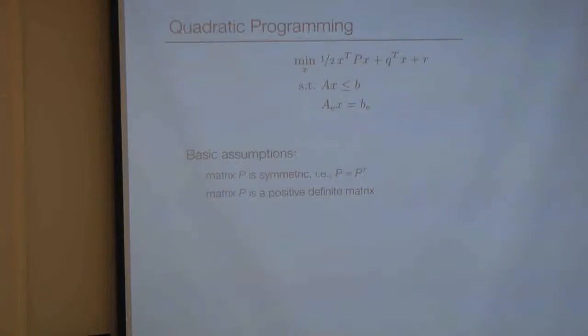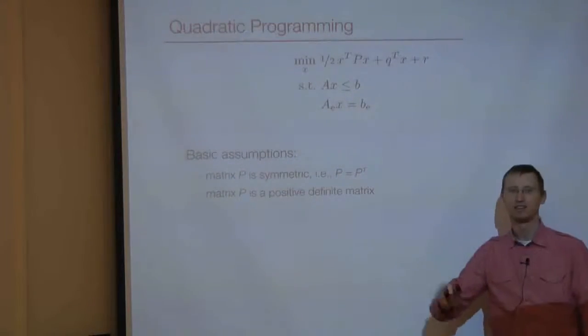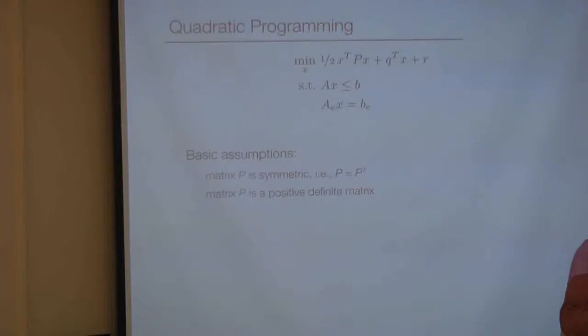Positive definite means all eigenvalues are strictly positive. Now, the consequence of assuming that the P matrix is like this is that it is invertible. And we will see in a second how invertibility of the P matrix helps us to solve the problems rather easily.